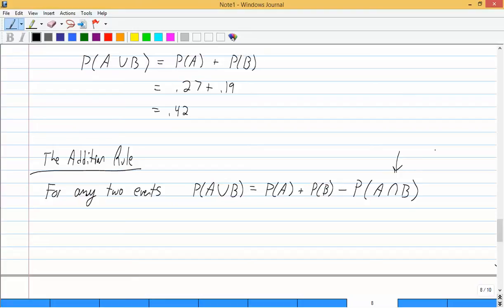This symbol right here, that means the intersection. So if you know that the events are not mutually exclusive, so they have some type of intersection there. Sometimes they do, sometimes they don't, right? But if we know they have some type of intersection, you have to say the probability of A plus the probability of B minus that intersection of the two.